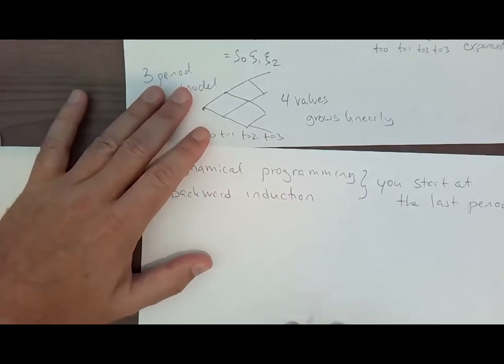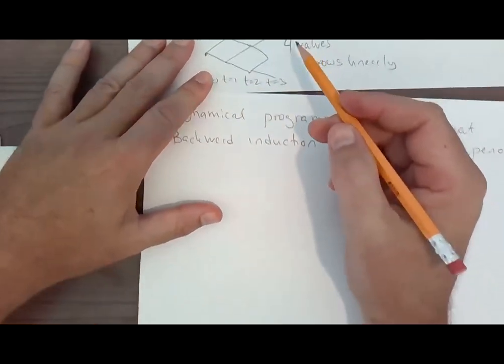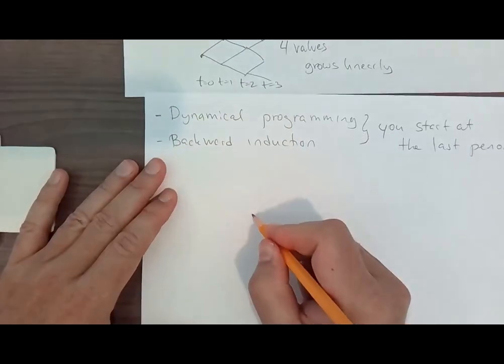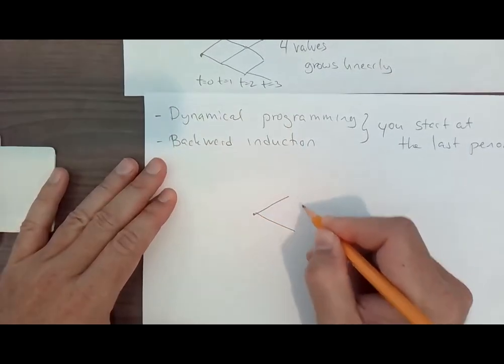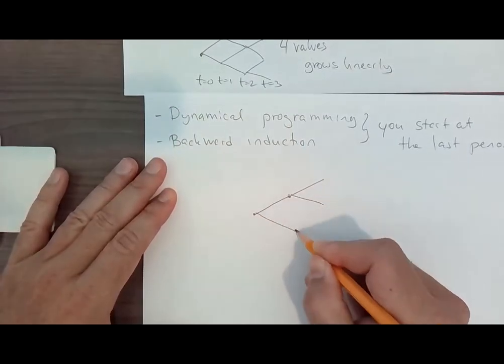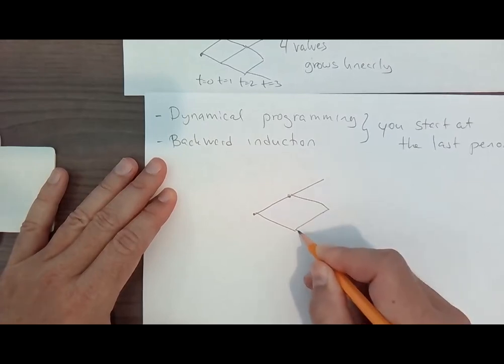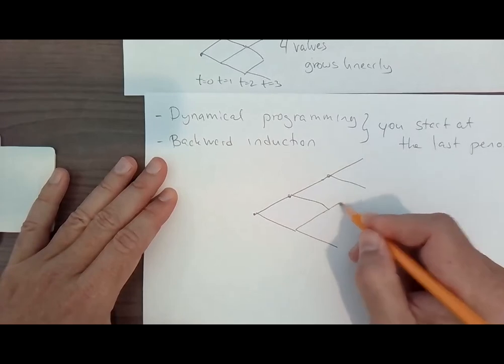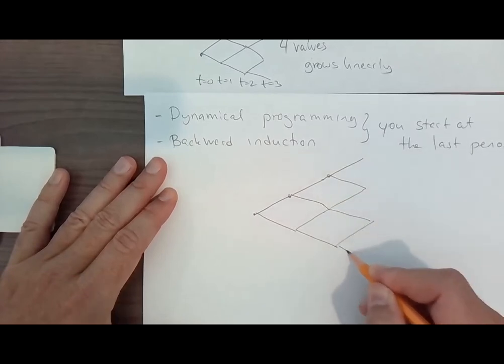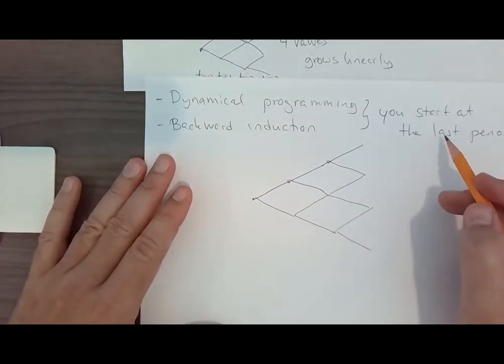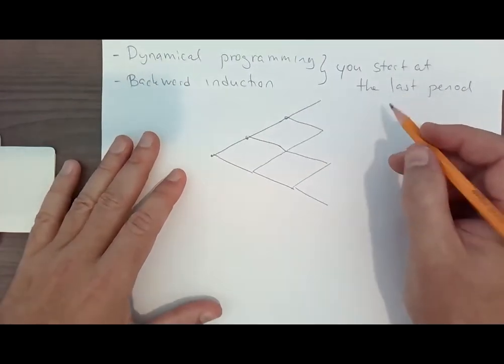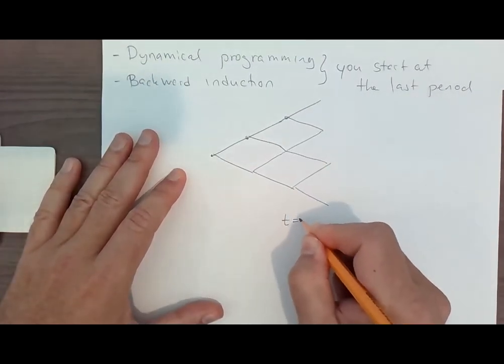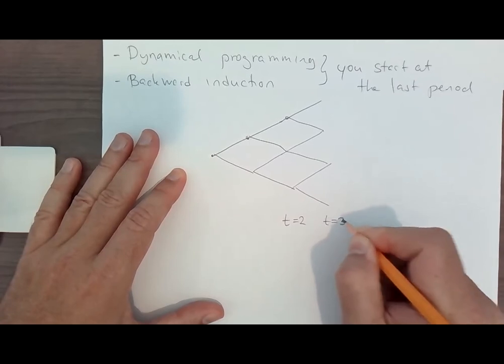So if you're looking at a 3-period model, in this recombining world, you start at the last period. So this here is t equal to 2, and then t equal to 3.